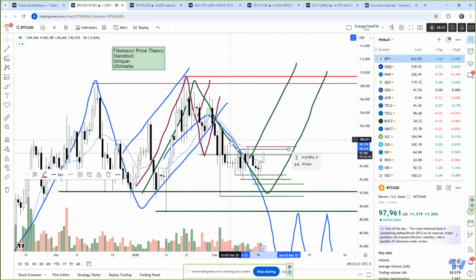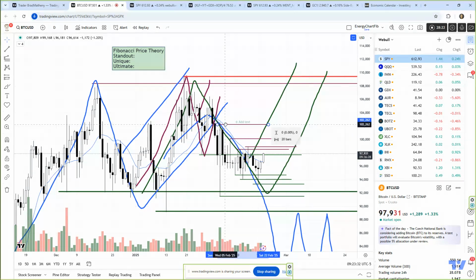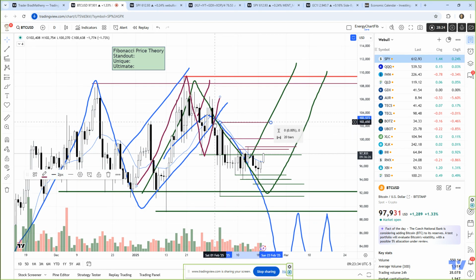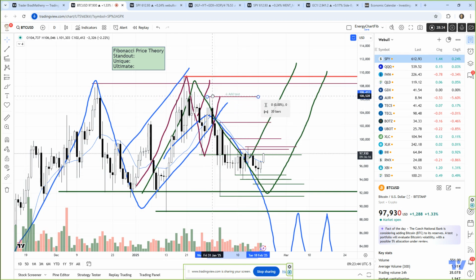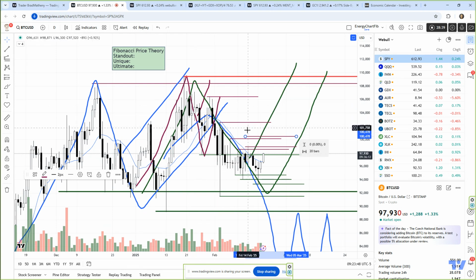I can see another fractal high right here, right here. I can see another fractal bar here. This is a more unique type of standout in the sense that I don't have the 2 highs to the left. I have 1 lower high to the left and 2 to the right. Then I have a very clean fractal high right up here. And I have a secondary fractal high right back over here.